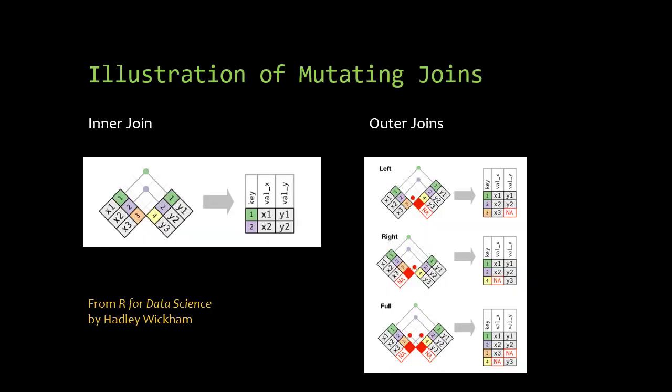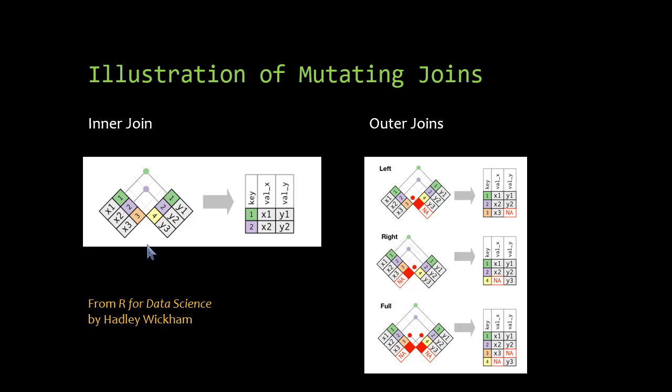So let's look at a diagram. Let's focus here on the left because that's illustrating an inner join. So with an inner join, what we're doing is we're taking the key from the data set on the left, indicated by this little rectangle, and the key is indicated as this 1.